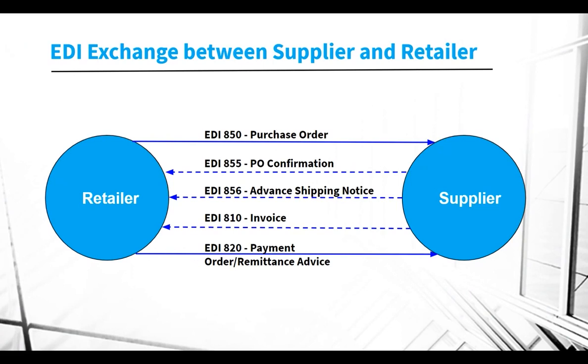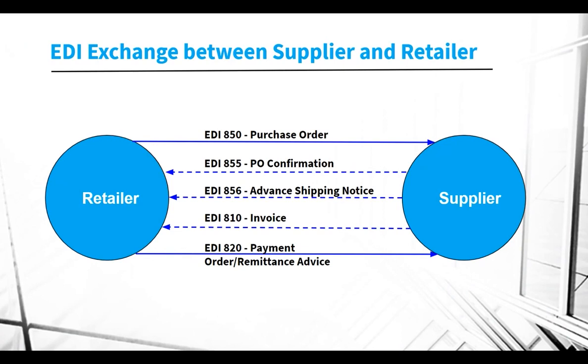In EDI terms, we call it EDI 855 purchase order confirmation, responding to the retailer that we have received your order and we are preparing your order items. This is the flow: it starts with a purchase order and it ends with the confirmation.